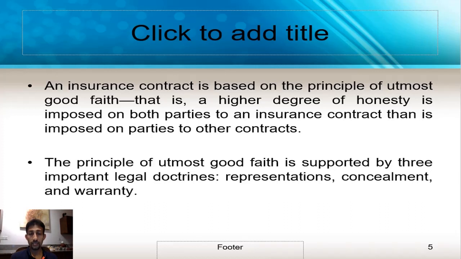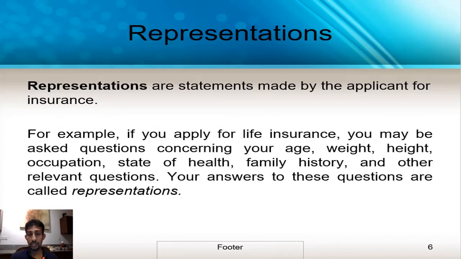And also, the principle of utmost good faith is supported by three important legal doctrines: representations, concealment, and warranty. So, let's try to understand what these three legal doctrines are. Let's start with representations. Representations refers to statements made by the applicants for insurance.